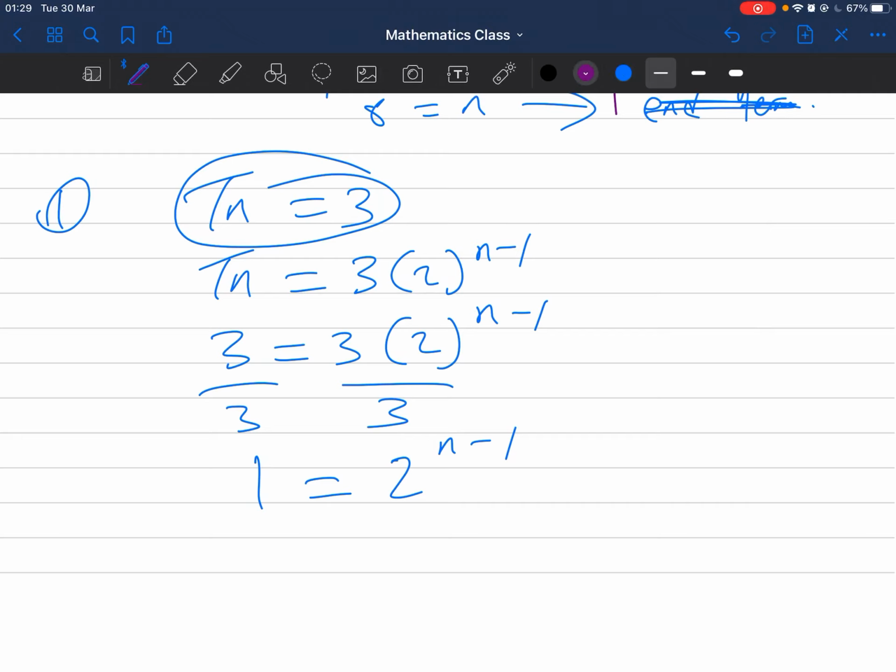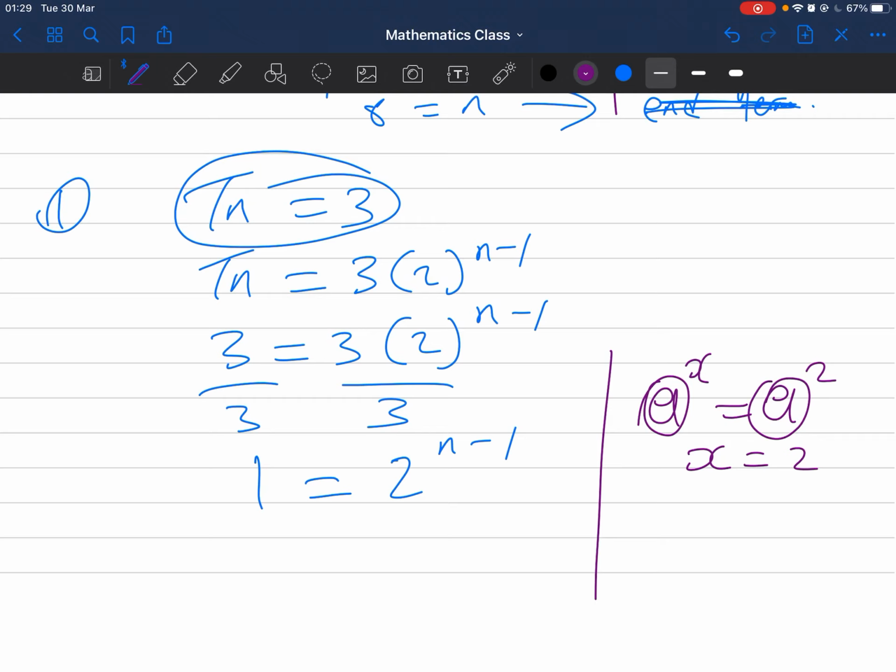Then we use the same algebra: a to the power x is equal to a to the power 2. If the bases are the same, then the exponents are equal. Now, we know that 1 is the same as 2 to the power 0. So it's 2 to the power n minus 1.